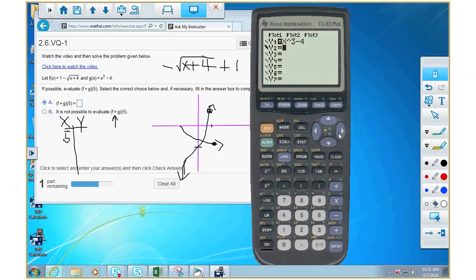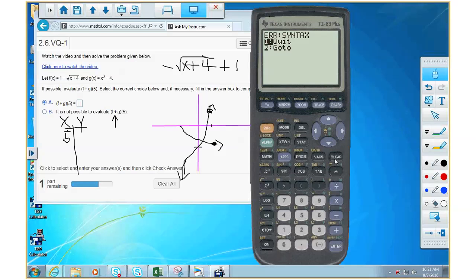And that'll be negative parentheses x plus 4 raised to the 0.5 power plus 1. And graph.